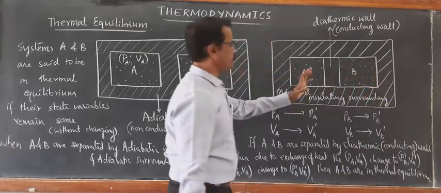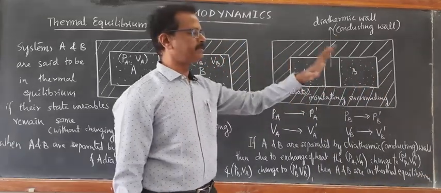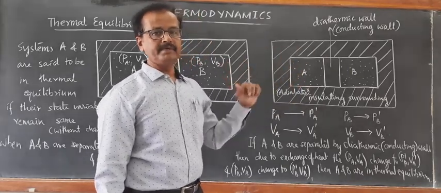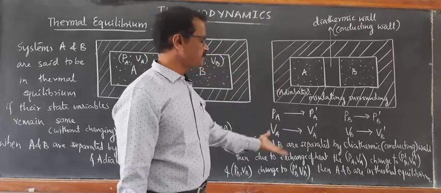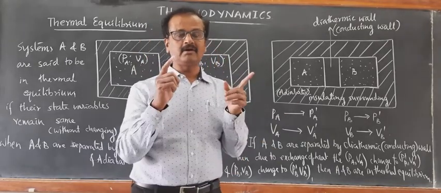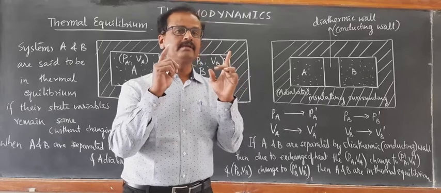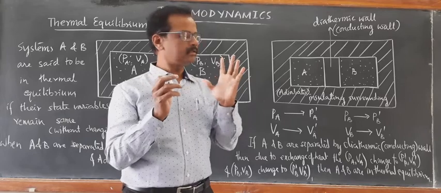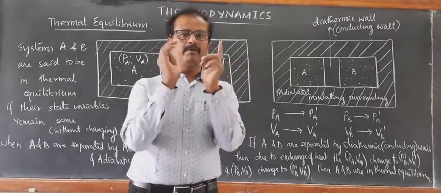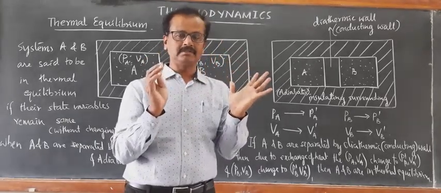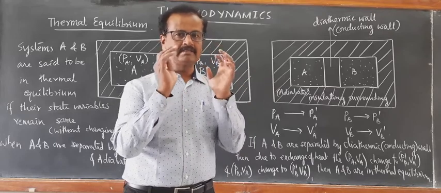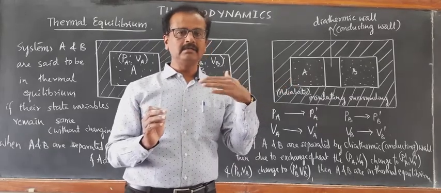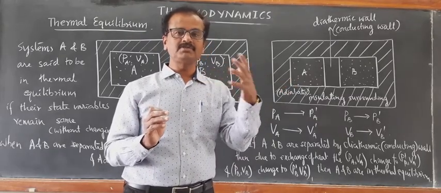So pressure and volume values changed from PA to PA dash, PB to PB dash, VA to VA dash, and VB to VB dash. Then the question arises: when it is in thermal equilibrium, which quantity will remain common? We will guess that when two systems are in thermal equilibrium, one particular quantity remains constant. Until that is attained, the systems are in a state of changing.